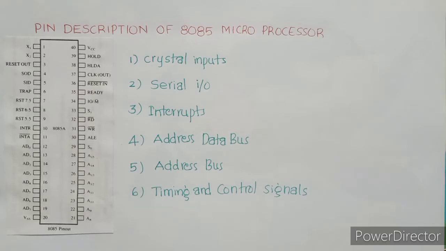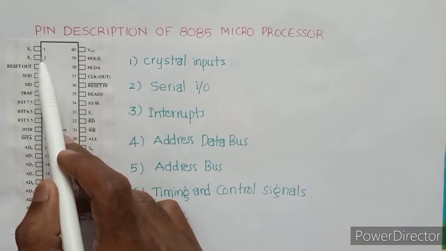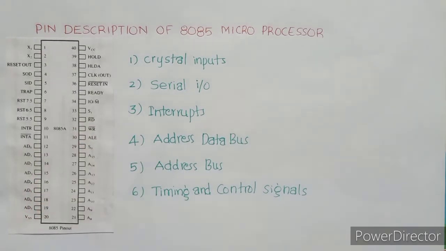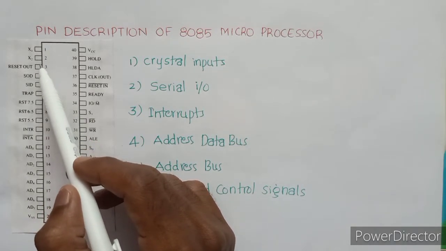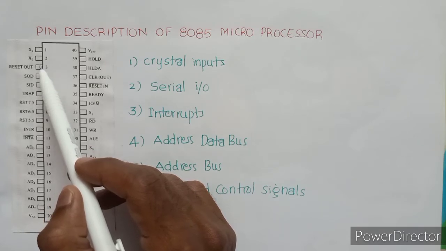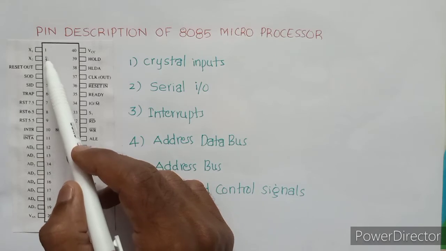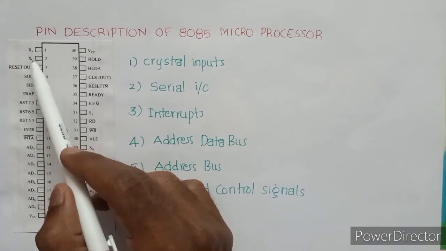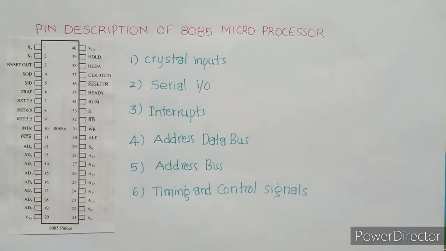One by one, the pins. Pins X1 and X2 are for the crystal oscillator circuit. These two pins are connected to a crystal oscillator, which is part of the internal circuitry of a microprocessor. These two connectors produce the clock for the operation of the microprocessor.